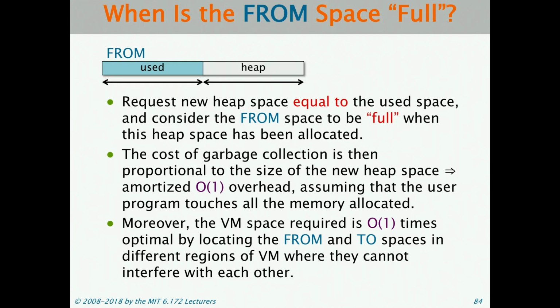But it's constant times optimal since we're just multiplying constants together. And similarly, when your from space becomes relatively empty, for example, if it's less than half full, you can also release memory back to the OS, and then the analysis of the amortized constant overhead is similar. Okay, any other questions?